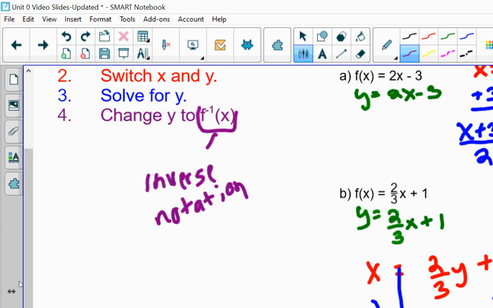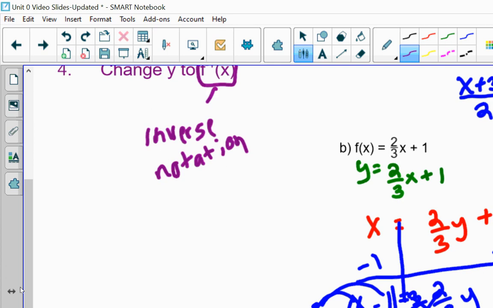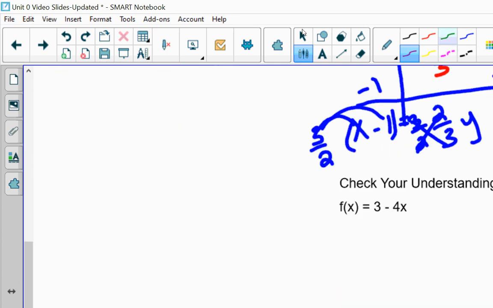Alright, I challenge you to pause the video and try this third example for yourself. So, rewrite y equals 3 minus 4x.